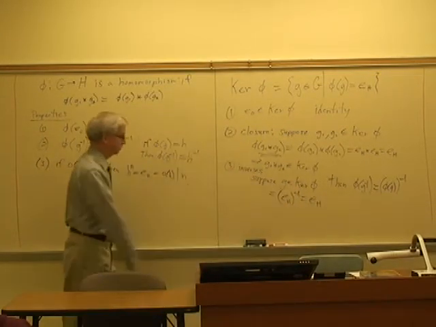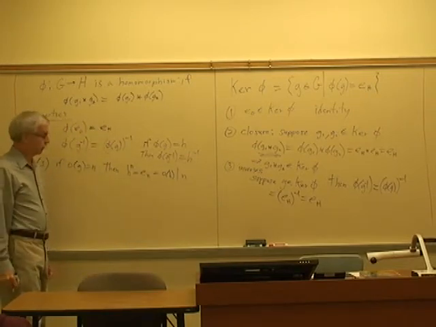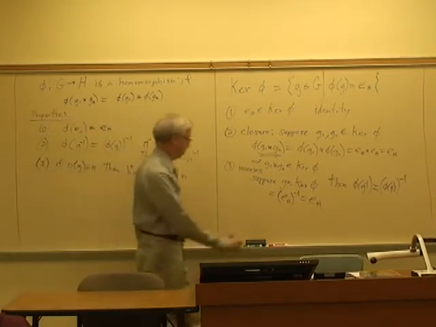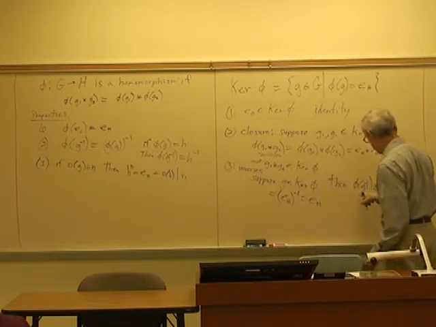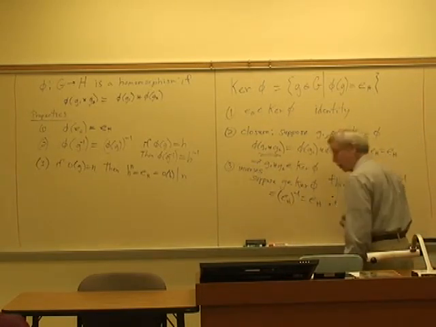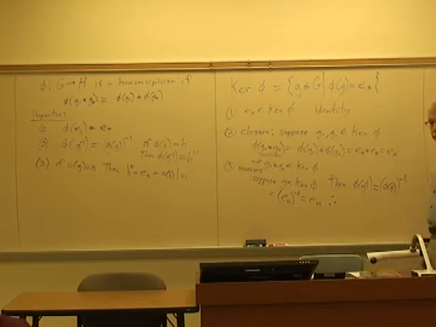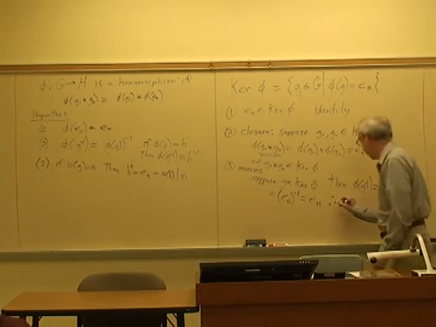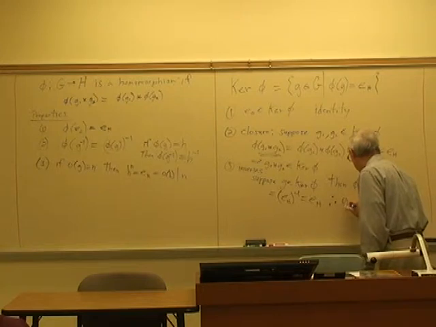Therefore what? Therefore G inverse is in the kernel, because when I apply the map to G inverse, I get the identity. And that's the most important part of the proof. Don't just do the arithmetic. Write down the conclusion. Therefore, G inverse is in the kernel.